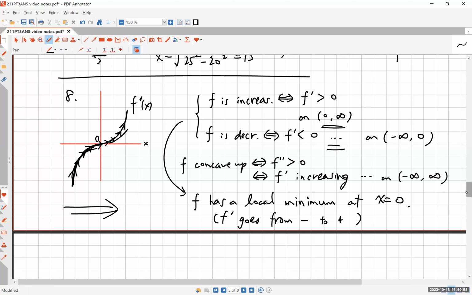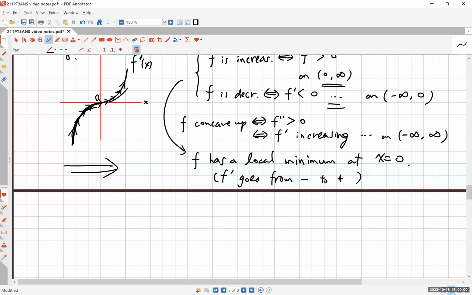And not only that, because the second derivative is greater than 0 at every point, or the first derivative is always increasing, this tells you that f has no inflection point. Because if you do have an inflection point, the second derivative should be 0 at some point.